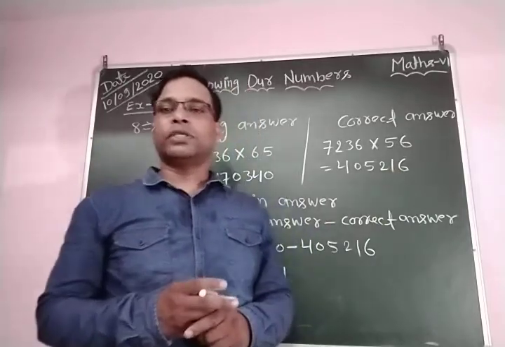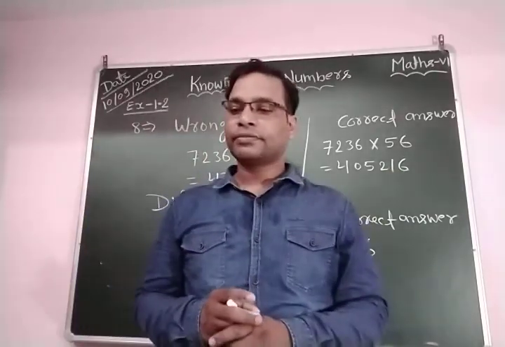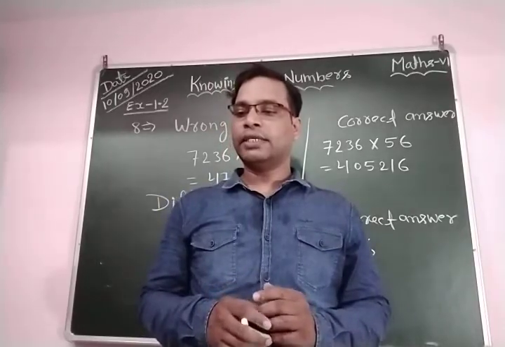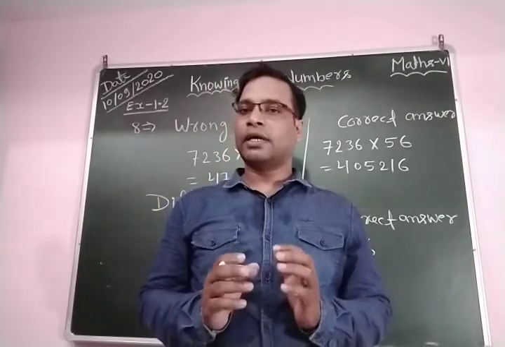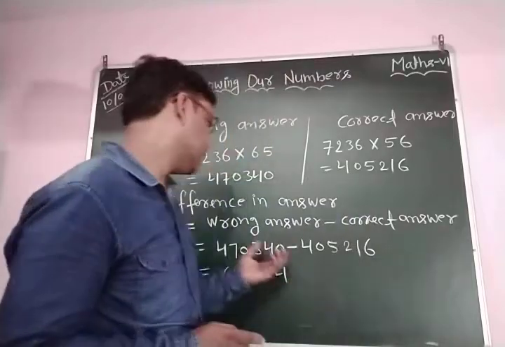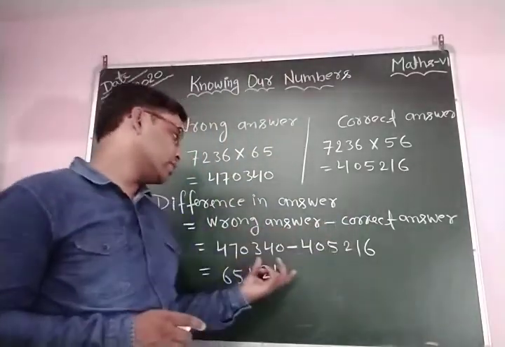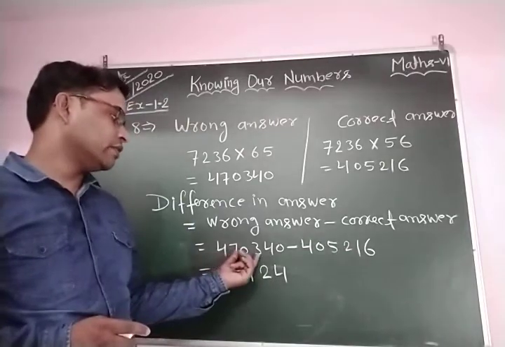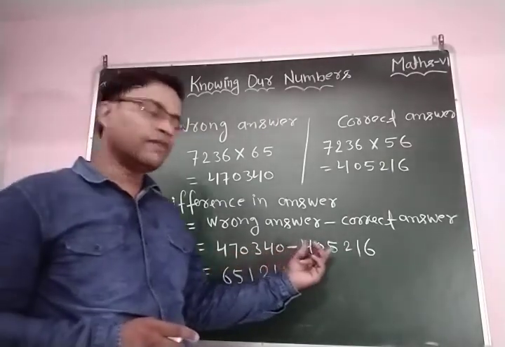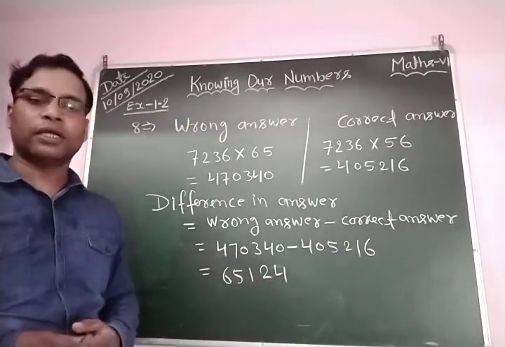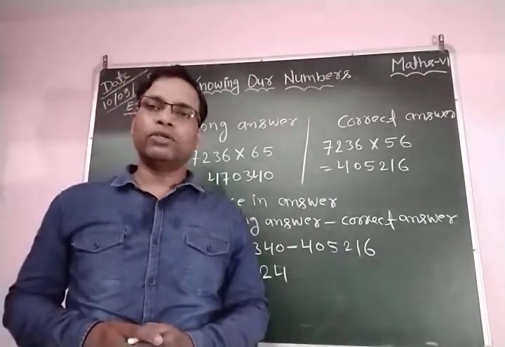The question asks us to find the difference of their answers. So the difference in answer is wrong answer minus correct answer, which is 4,70,340 minus 4,05,216, equal to 65,124.